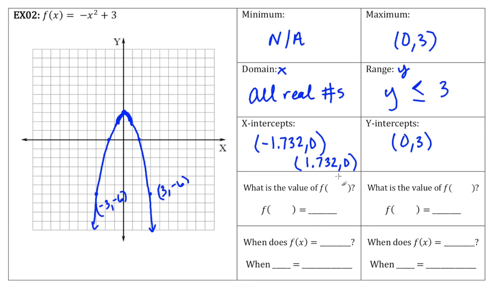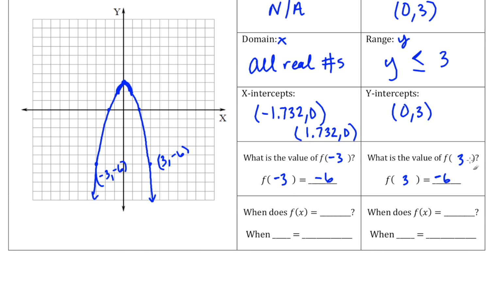So what's the value of f of negative 3? Well, f of negative 3 is negative 6. And let's use this one. F of 3 is also negative 6. So negative 3, negative 6, and positive 3, negative 6. Cool. When does f of x equal negative 6? Because remember, f of x is y.